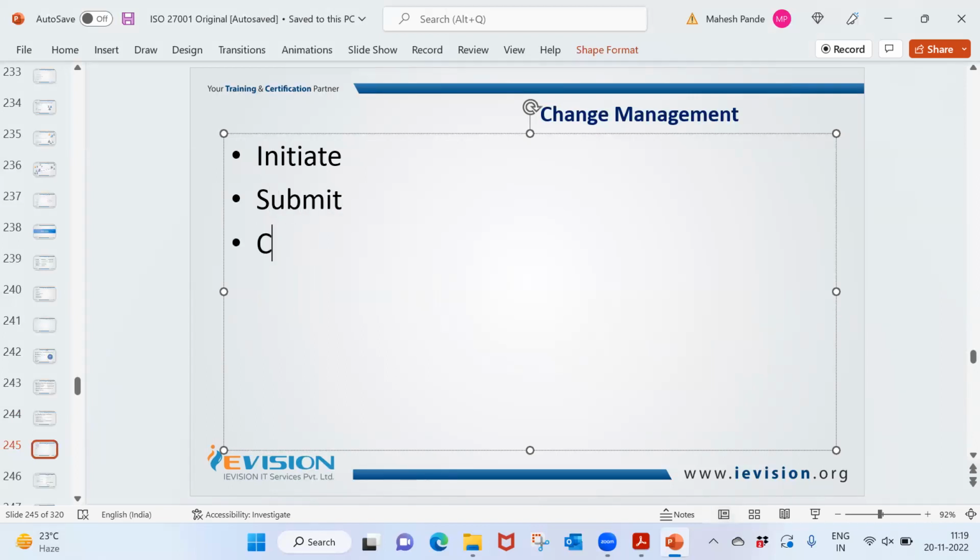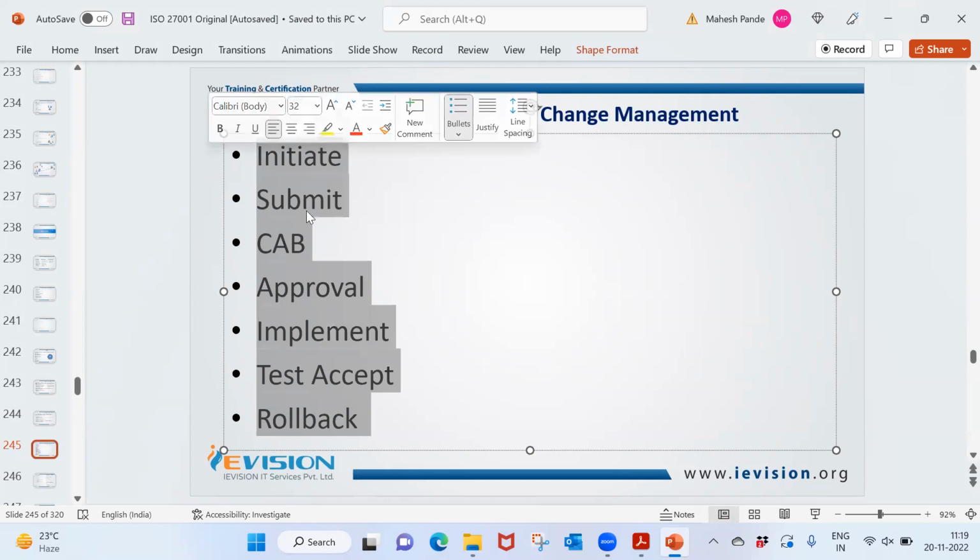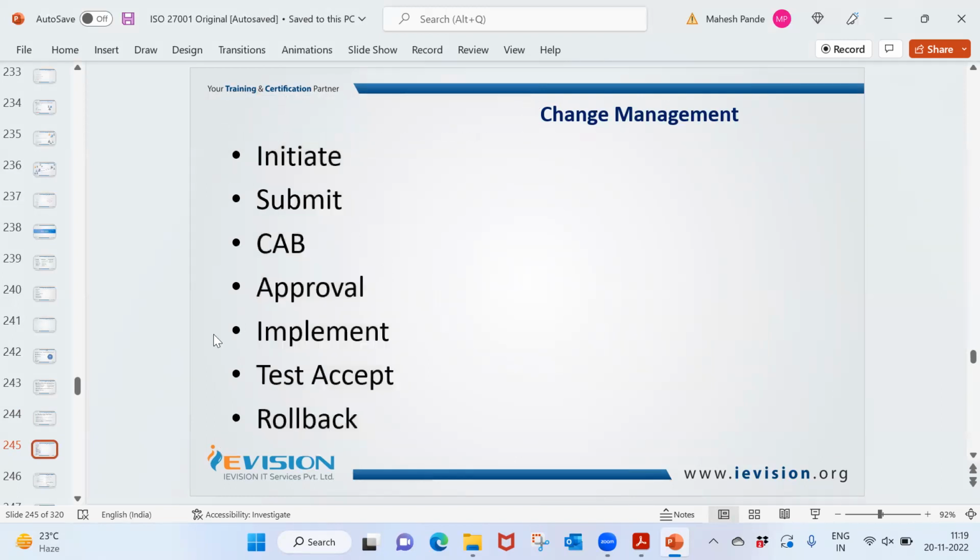Then approval, implement, test, accept. Rollback procedure, yes, rollback if needed, that will be part of the plan. You are well aware of some of the important activities, and I appreciate that.